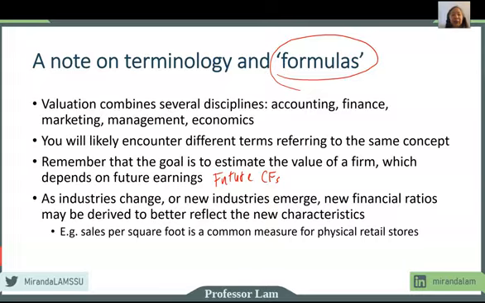So let's take an example. In the retail industry, sales per square foot is a very important metric, and that is true when most sales happen in a physical store. But what happens when sales move online?